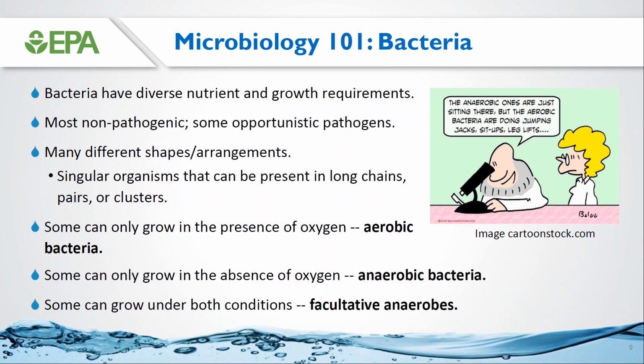Well, a frank pathogen is a bacteria that once it infects its host, immediately causes disease, whereas an opportunistic pathogen may cause disease if the conditions are correct. So maybe if somebody is immunocompromised or has some other issues going on, then it can cause disease.